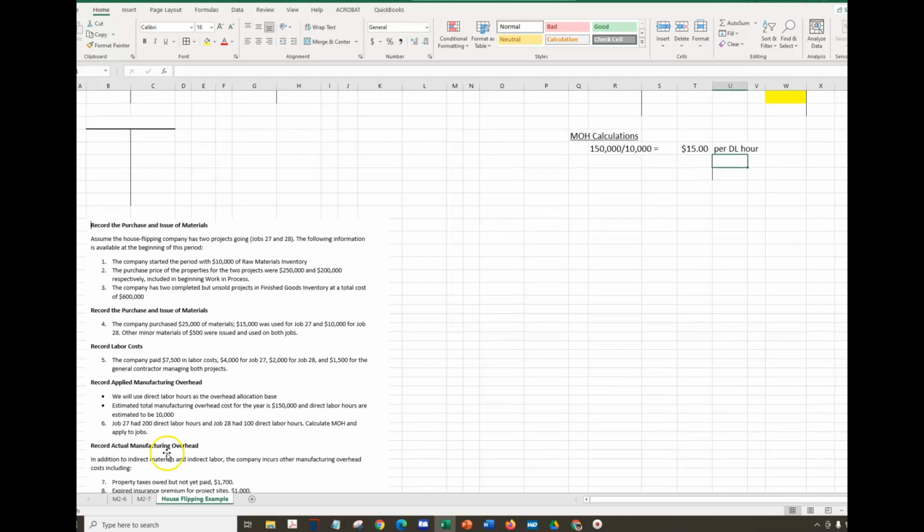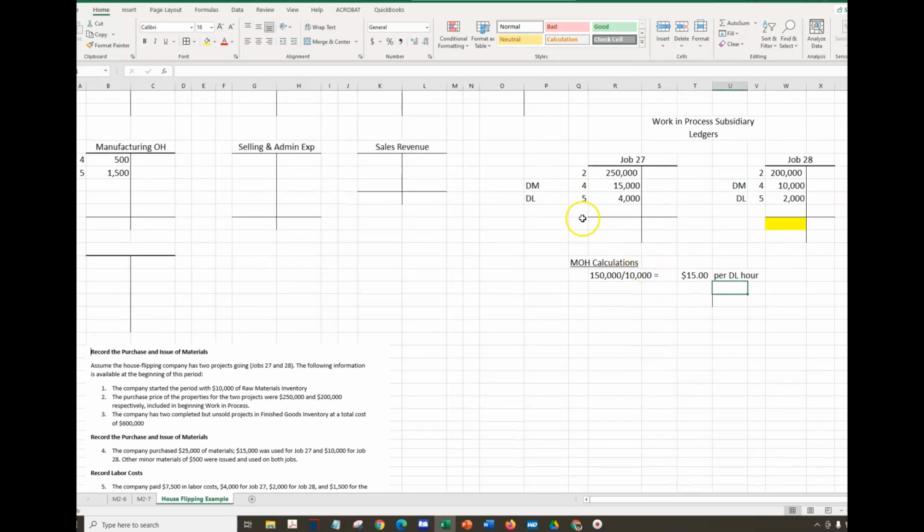So down here, it says job 27 had 200 hours and job 28 had 100 hours. Okay. So manufacturing overhead, this is number 6. Job 27 had 200 hours, so plus 200 times the $15 an hour.